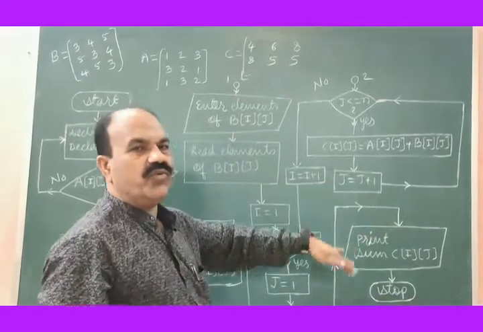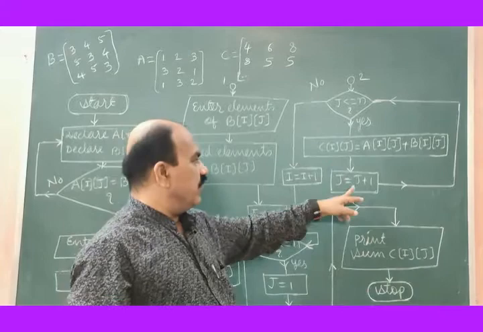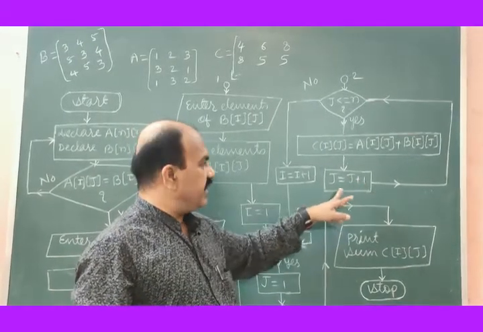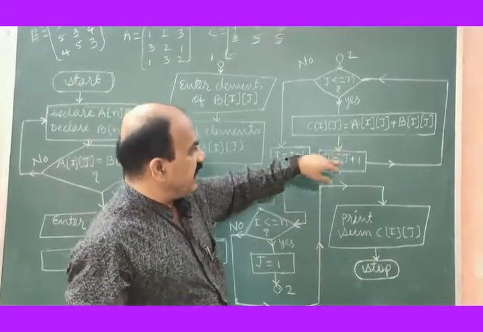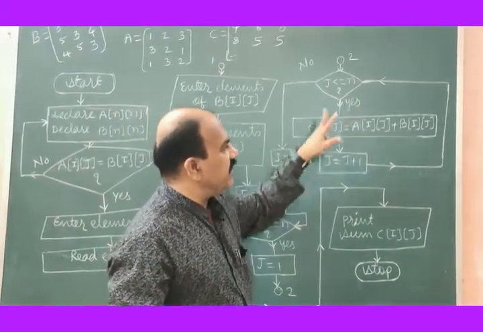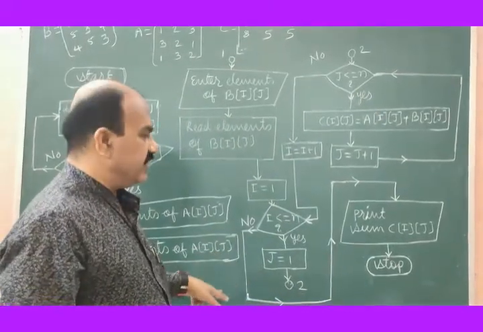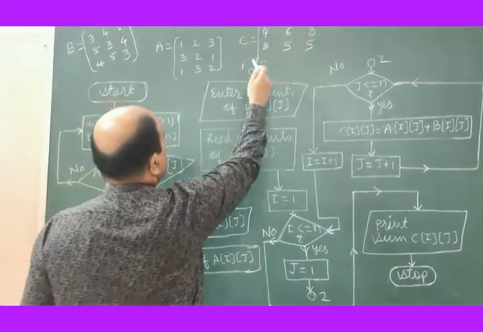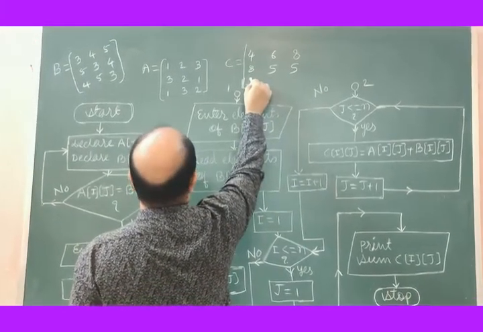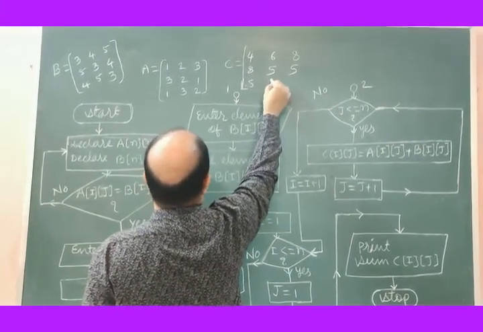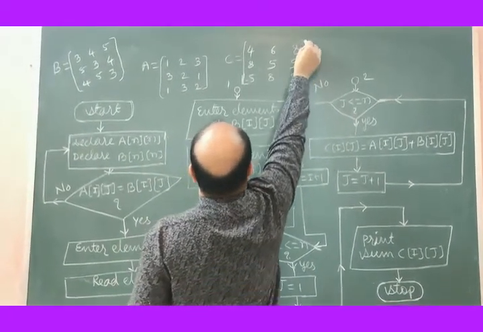J is equal to j plus 1, old value plus 1 is the new value. Initially j is 1, then 2, then 3. After 4, it will come to this side. This is continued and the addition is performed. 1 plus 4, 5, 3 plus 5, 8 and this 2 plus 3, 5.